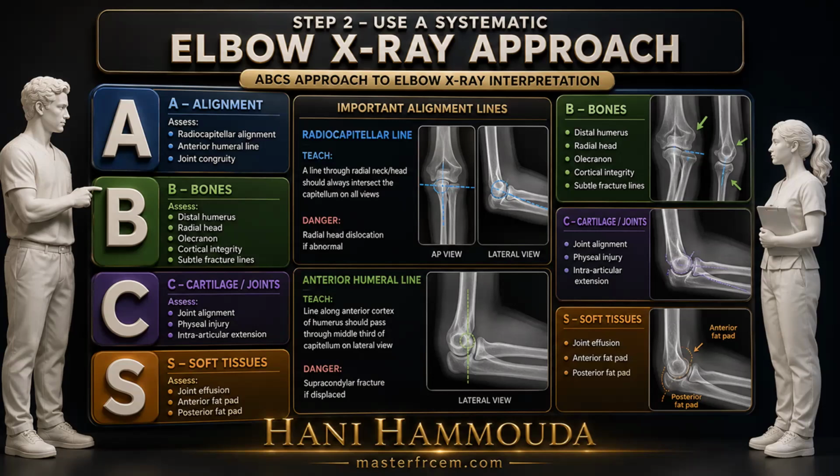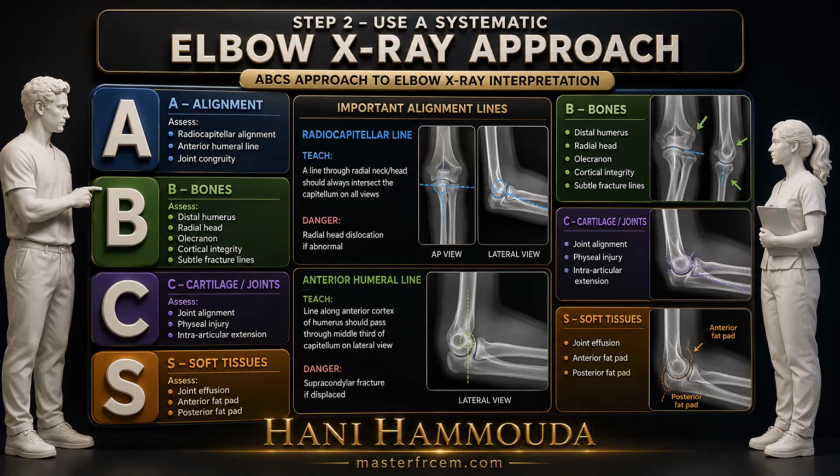There are two fat signs. Normally, we can see the anterior fat, just anterior to the distal aspect of the humerus, the lower end, and it is seen in the lateral view only. If the anterior fat pad is elevated, then it is an abnormal sign.